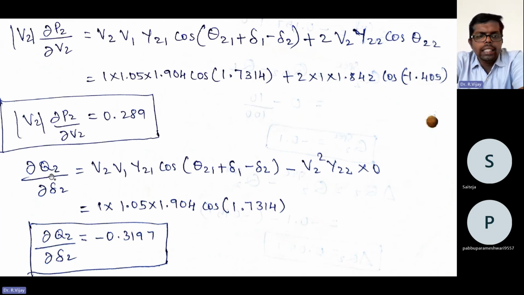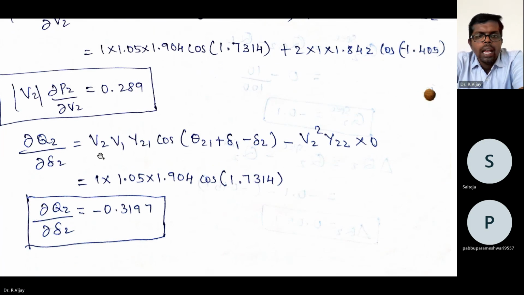Similarly, for del Q2 divided by del delta 2, just substituting, this term becomes 0. V2 into V1 Y21 cos of theta 21 plus delta 1 minus delta 2. Substitute all.